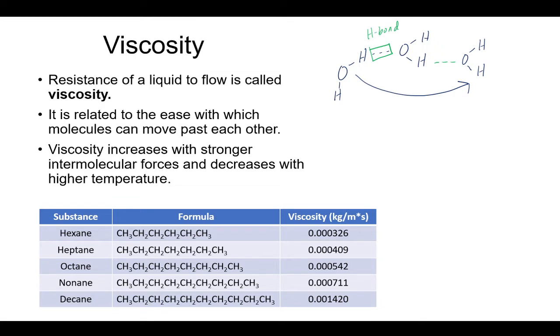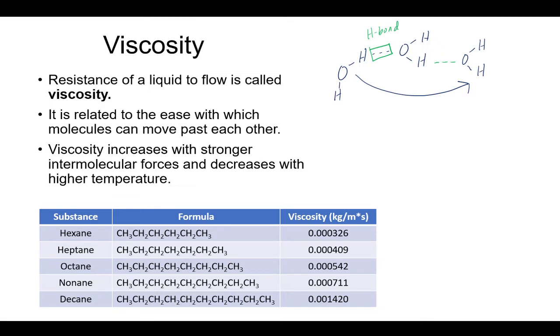This is a big, long hydrocarbon chain. And the only force this is really going to have with other hexane molecules is dispersion forces, right? It's polarizable. It's going to interact with other hexane molecules through the dispersion force.